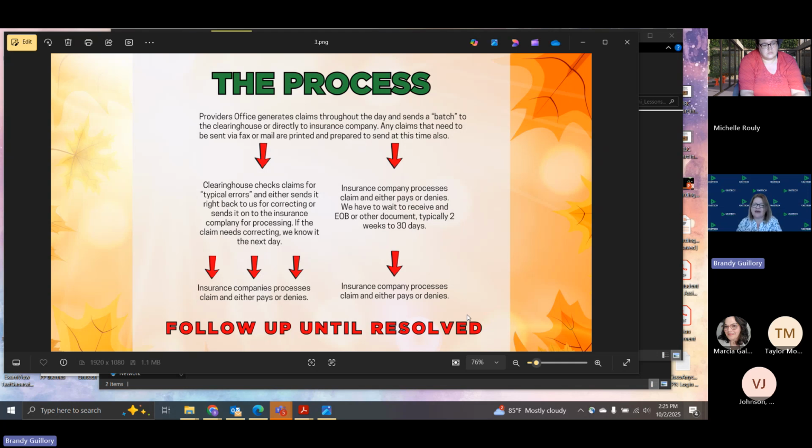It just depends on how that office is set up. Okay. So that's the two ways we originally file the claims. Clearinghouse or directly to the insurance companies. 90% of stuff is going through the clearinghouse these days, guys. Everything's going as electronic as we can get it, it seems like.